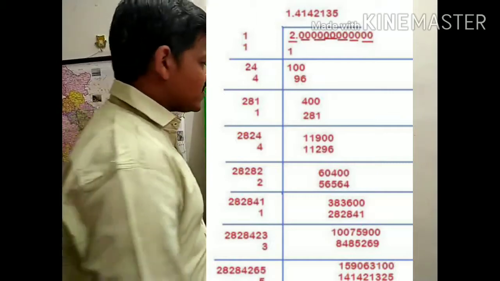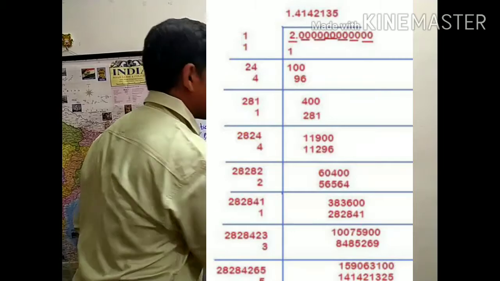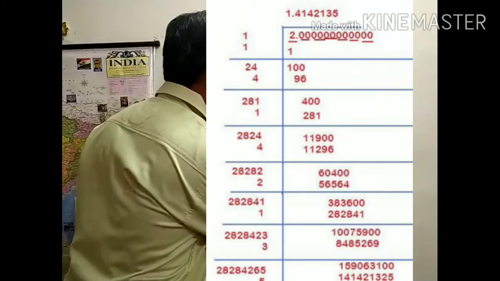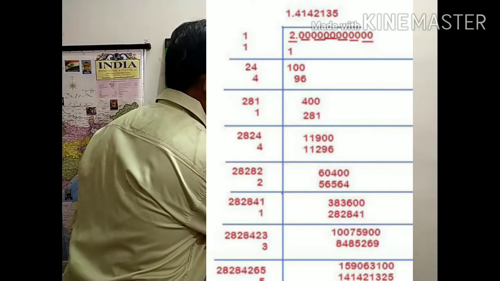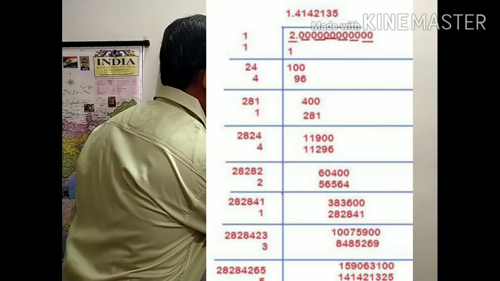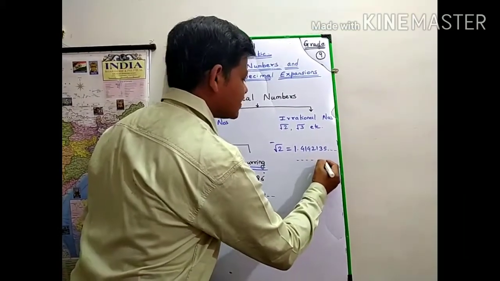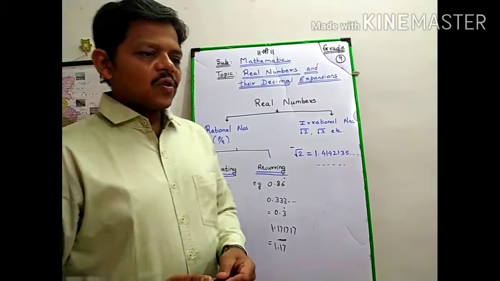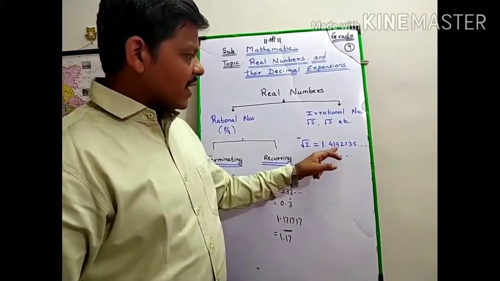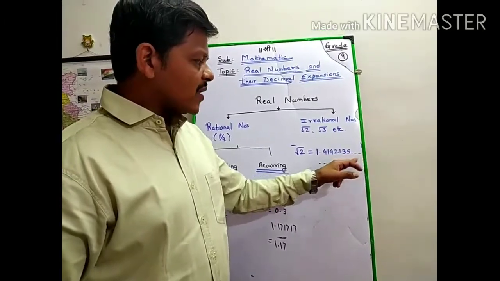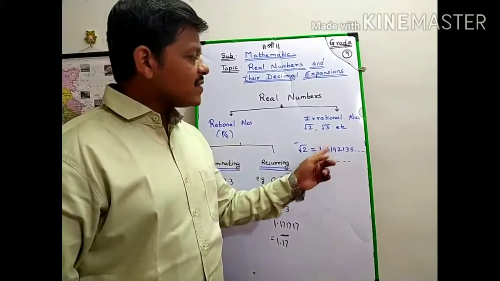So using that long division, if we find out the value of root 2, as you can see on your screens, the value of root 2 is 1.4142135 and so on. See, the value is going on increasing, correct? So now if you look at this value very carefully, I can see that the decimal expansion is not terminating, neither is something repeating.